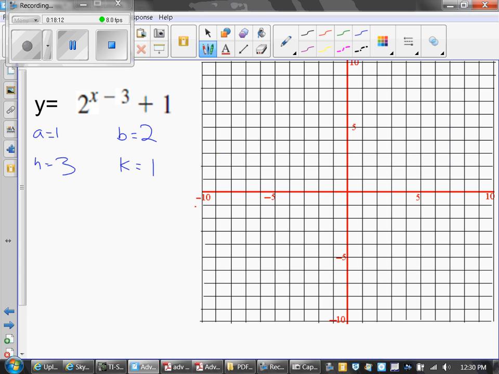Do you agree? Okay. So when I go to plot my parent function, I know my y-intercept is at 1. At 1, it's 2. At 2, it's 4. At 3, it's 8. So that means at negative 1, it's at 1/2.